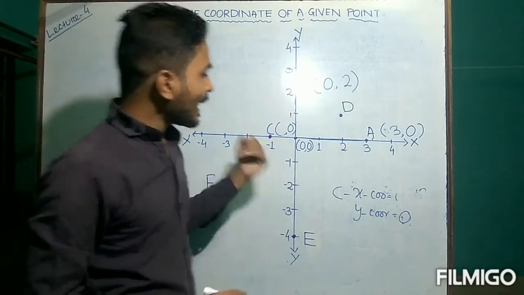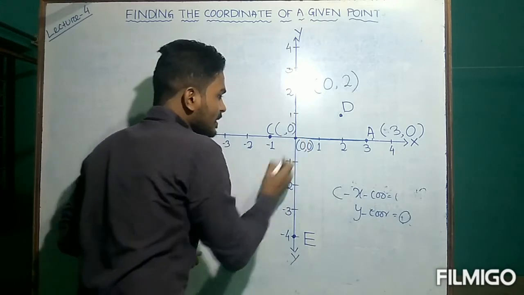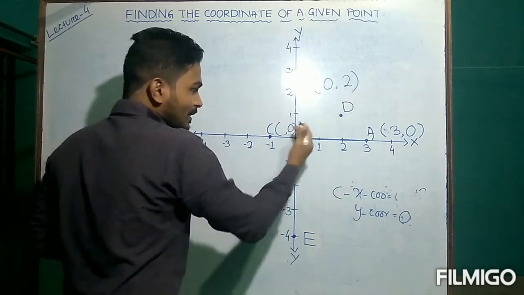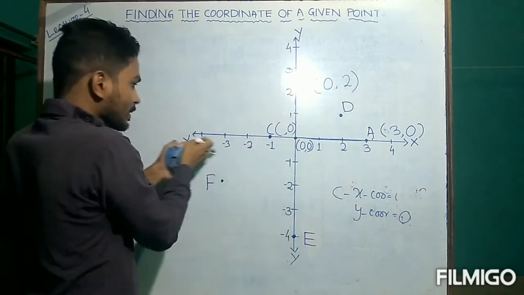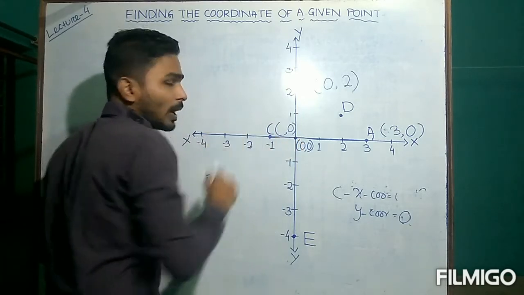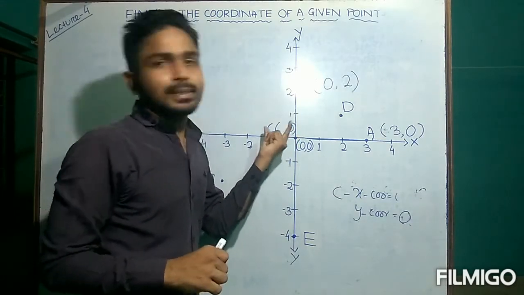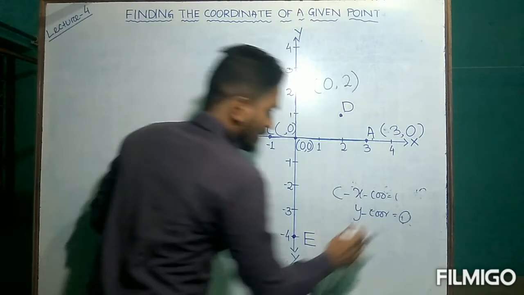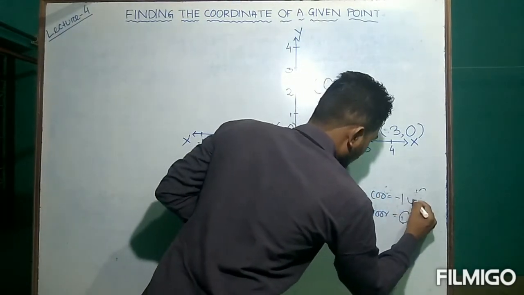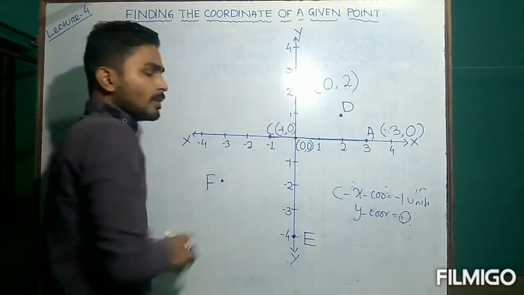Now let us find its x coordinate. Start moving from the origin towards the left, that means towards the negative direction of the x axis. So start moving, and here you are. We have to move about -1 unit. So its coordinate is (-1, 0).